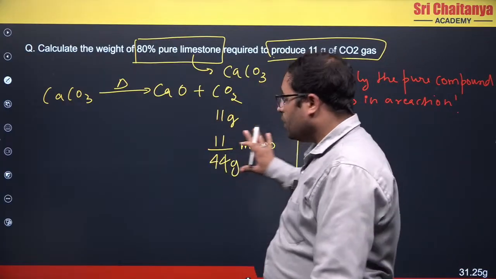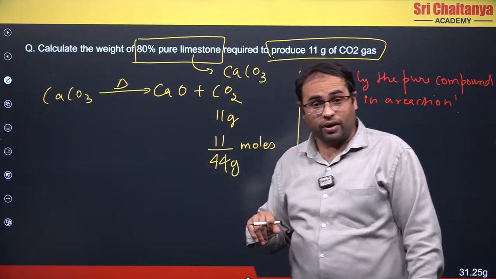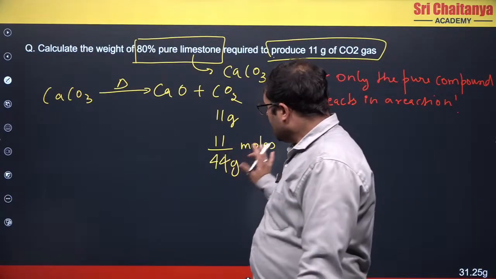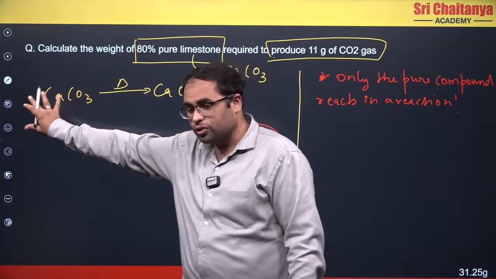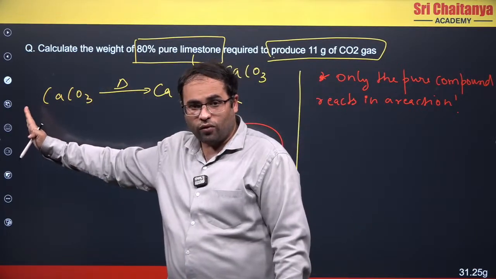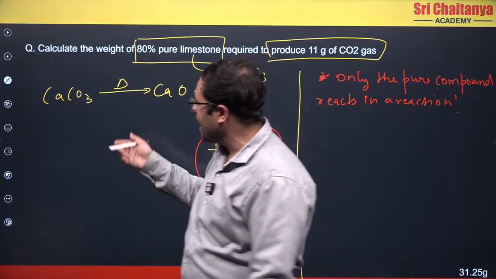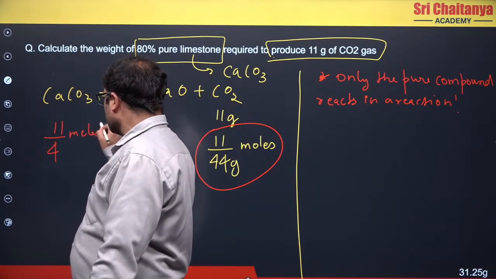So if only the pure compound reacts and only the pure compound gives you carbon dioxide, then these many moles of carbon dioxide are produced by how many moles of calcium carbonate? You can see 1 mole of carbon dioxide is produced for 1 mole of calcium carbonate. So I can directly say that here also I have 11 by 4 moles of calcium carbonate.